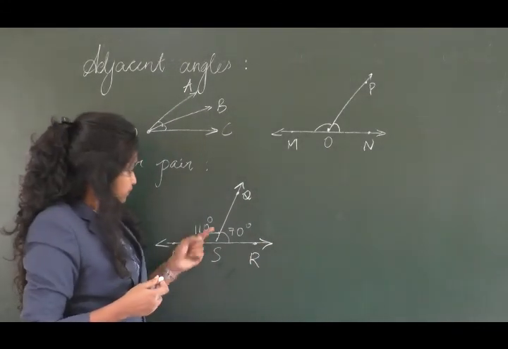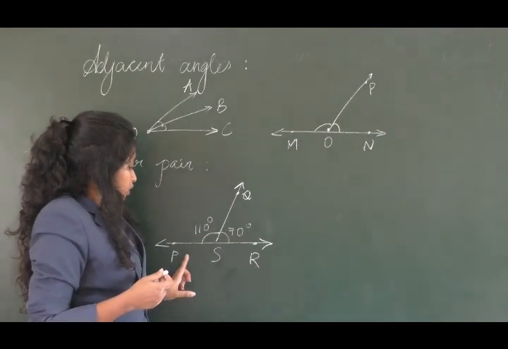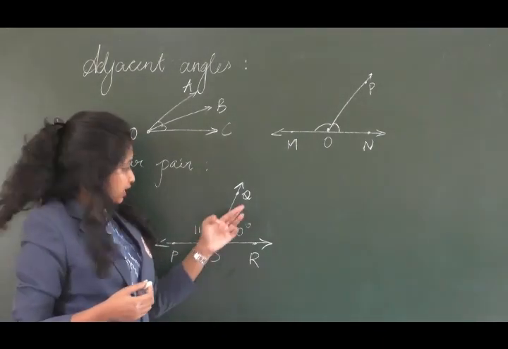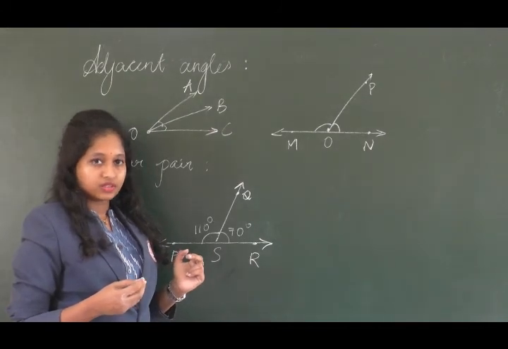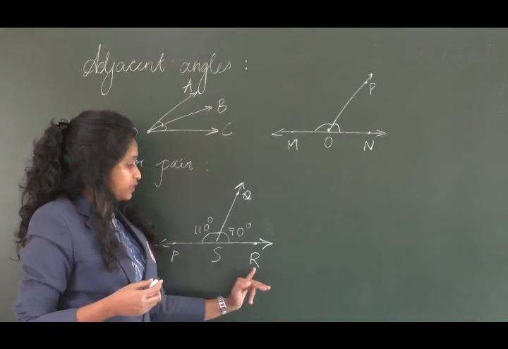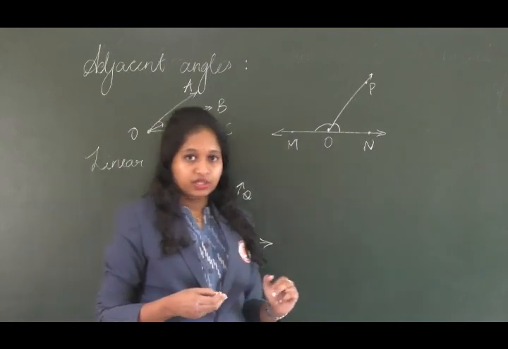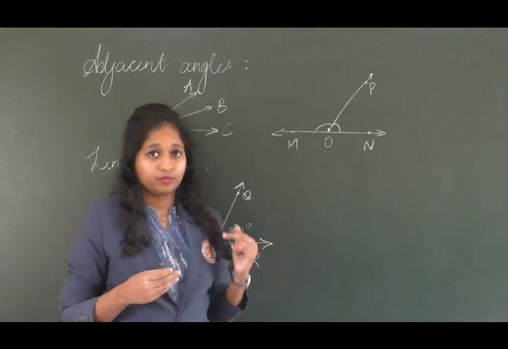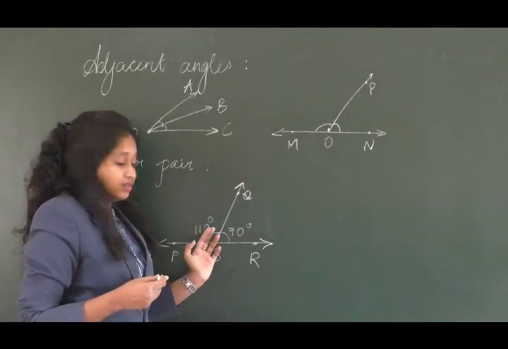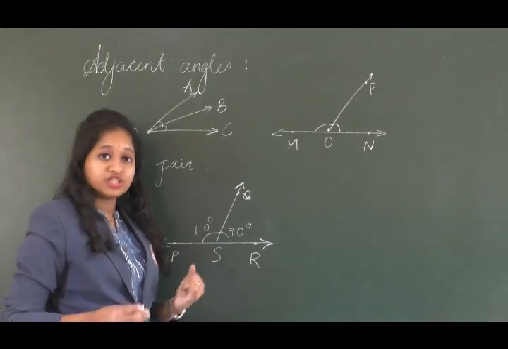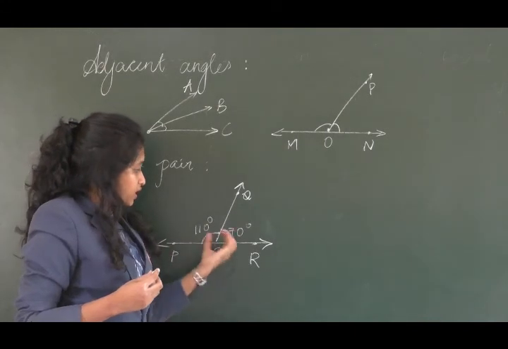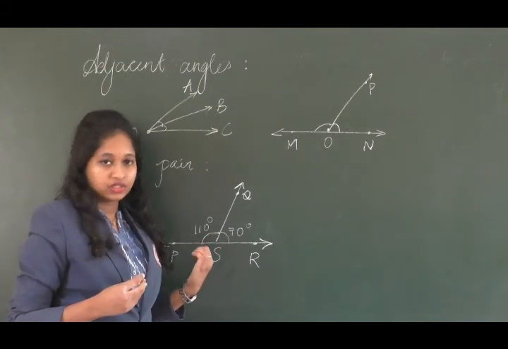Here we have angle QSP and angle QSR, isn't it? So both of these angles are said to be a linear pair because they have a common vertex, common arm, and one more condition, that the sum of these angles should be 180 degree.